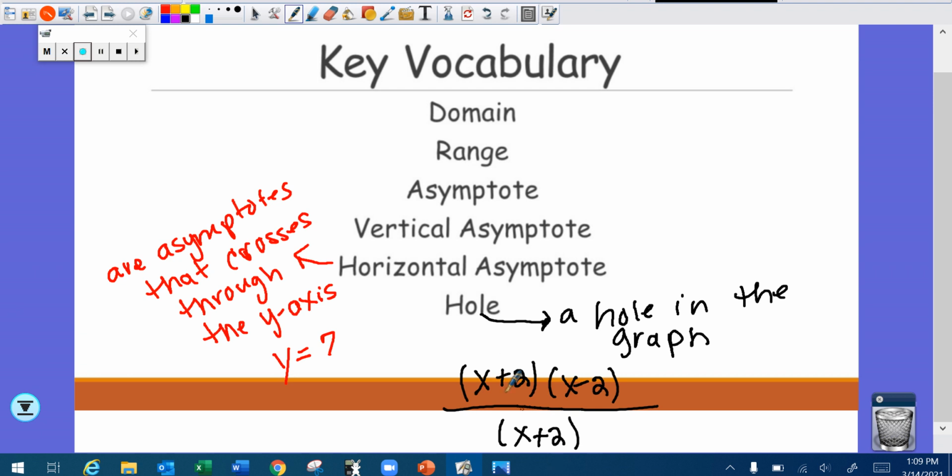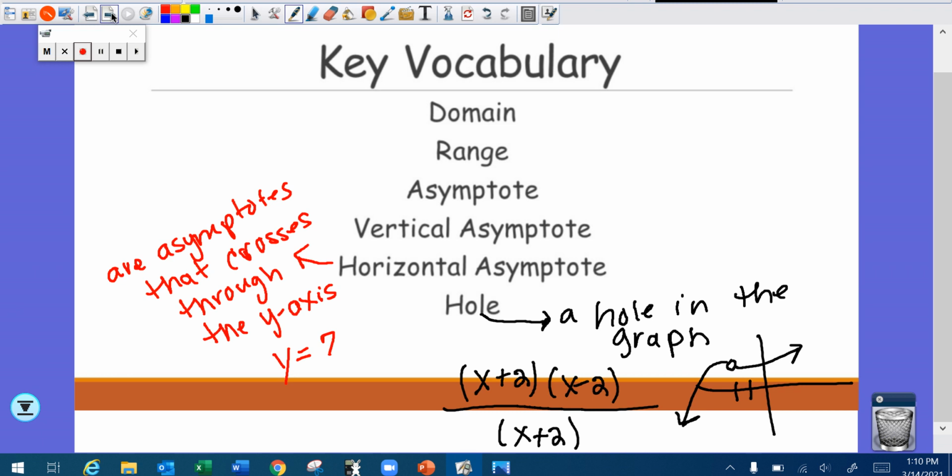And you see how we have x plus 2 in both the numerator and the denominator. So what that is saying is if I go to -2, there's going to be a hole in the graph right there, but the graph might continue on in other directions. So it's just telling you the graph doesn't exist in that spot, and we're going to carry on in another direction. And that's normally if the factor's on the top and the factor's on the bottom, then that graph has a hole in it. Okay?